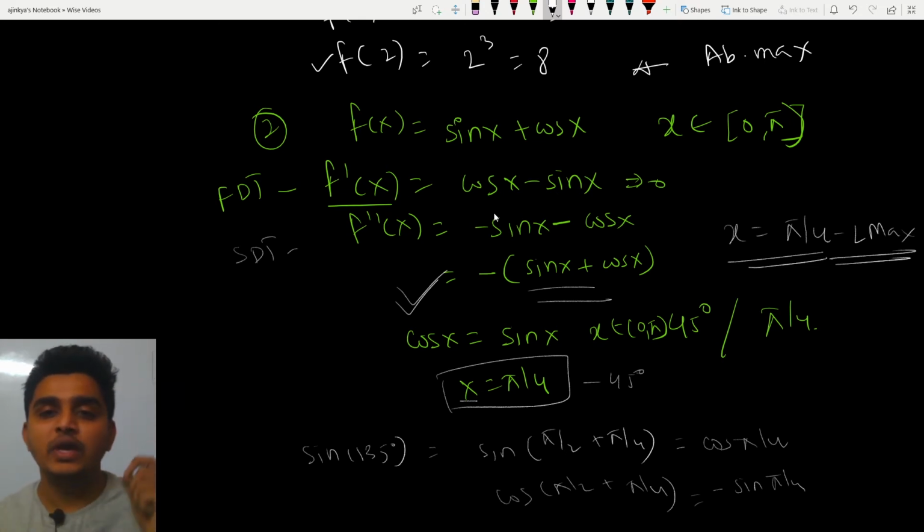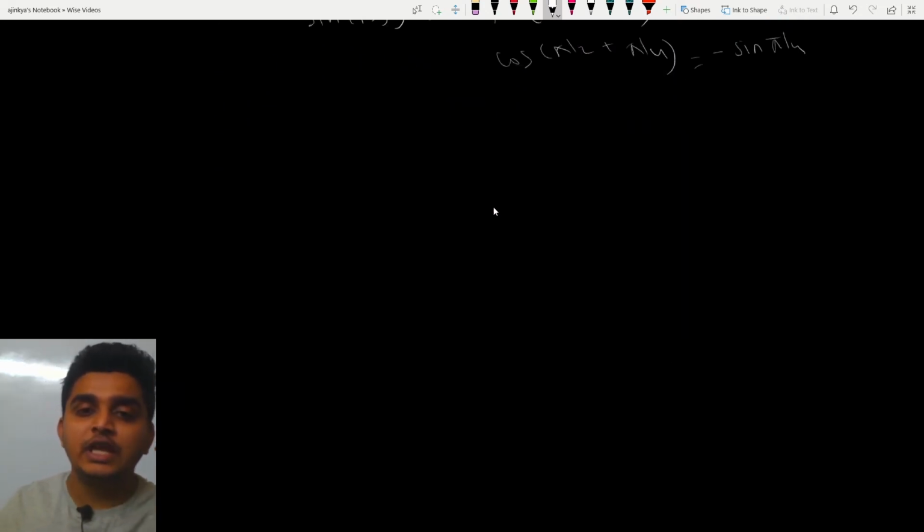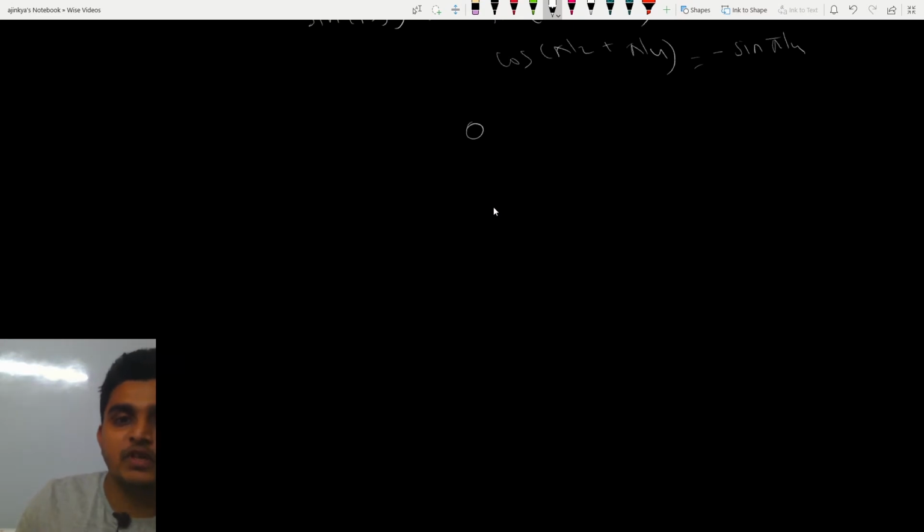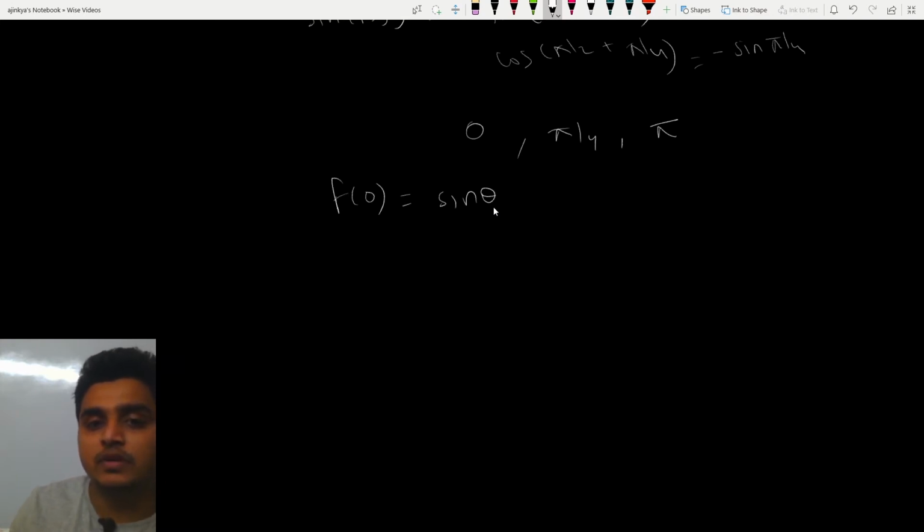So now we have particularly 3 points: first we have 0, then we have pi by 4, and then we have pi. Now we just need to plug in all the values and check. So f of 0 we need to find out, which is sine of 0 plus cos of 0. Sorry, I have written this as theta.